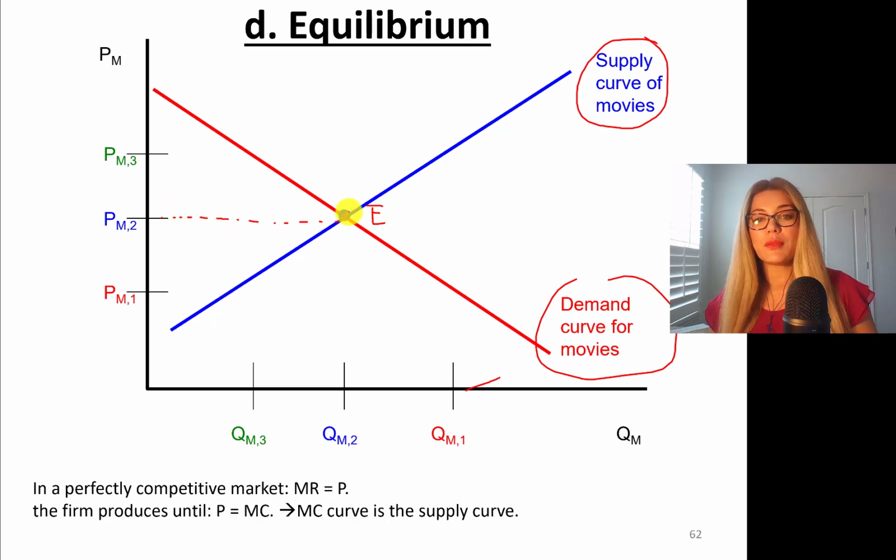You start from the equilibrium point and go to the vertical axis. That's the price, the equilibrium price, the market clearing price.